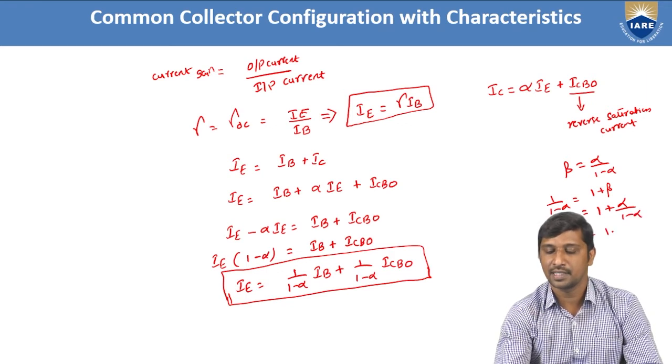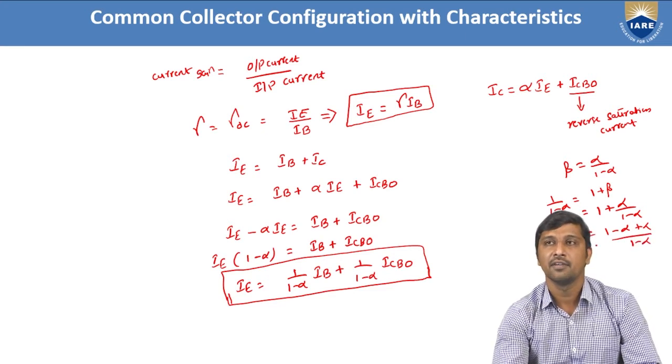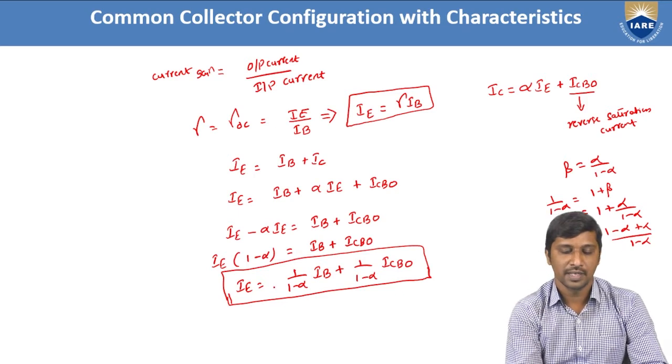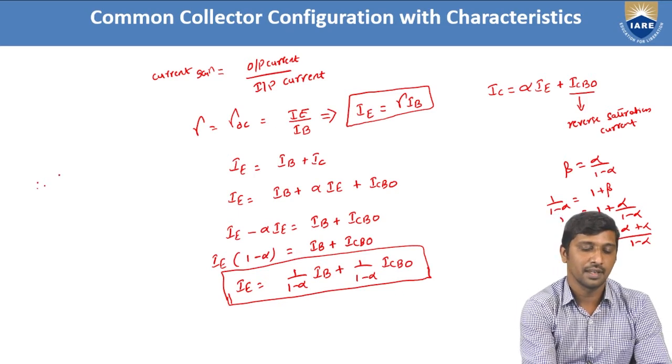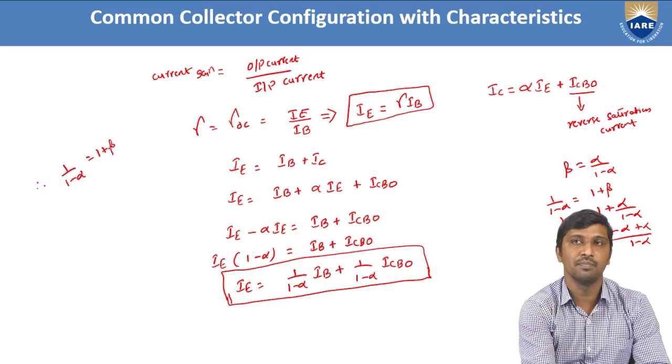If you take the LCM, this is 1 minus alpha plus alpha by 1 minus alpha. The alpha gets cancelled, that is equal to 1 by 1 minus alpha. So from this representation, we know that 1 by 1 minus alpha is represented as 1 plus beta.